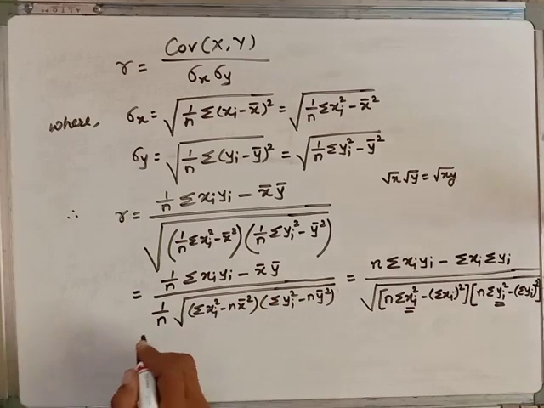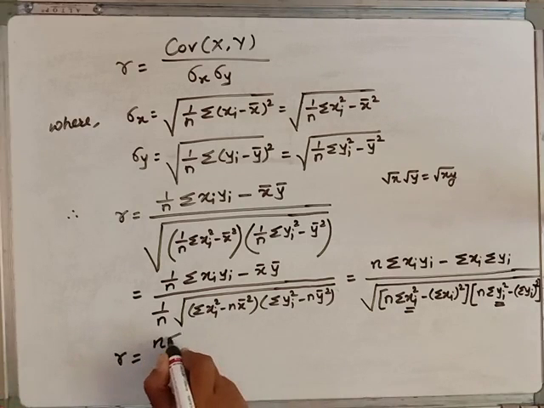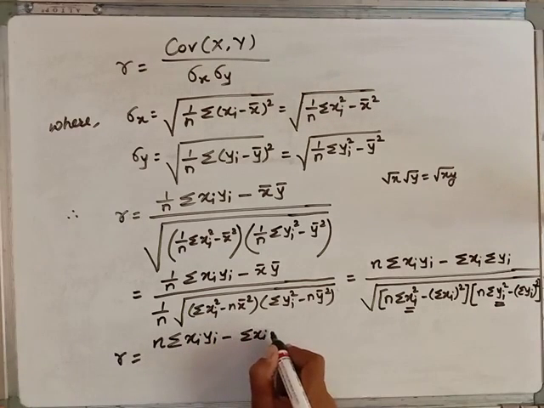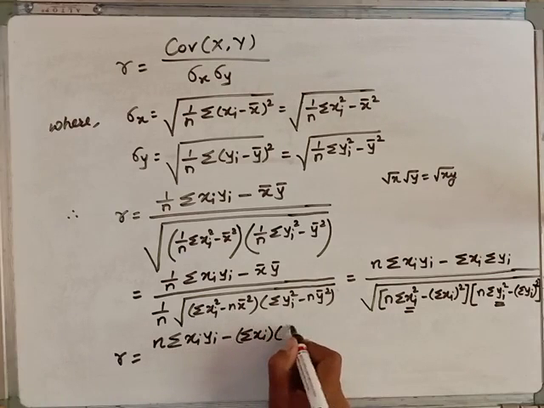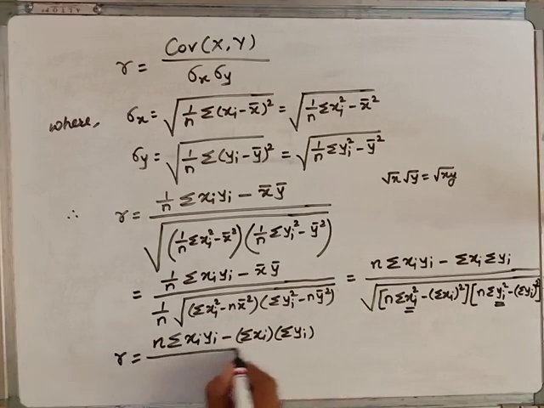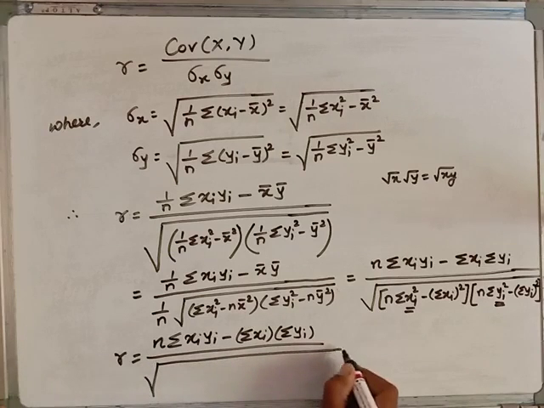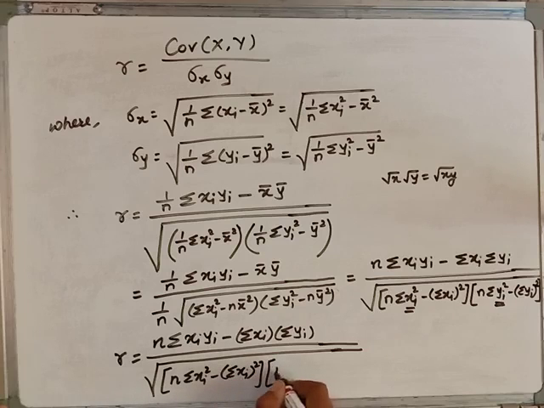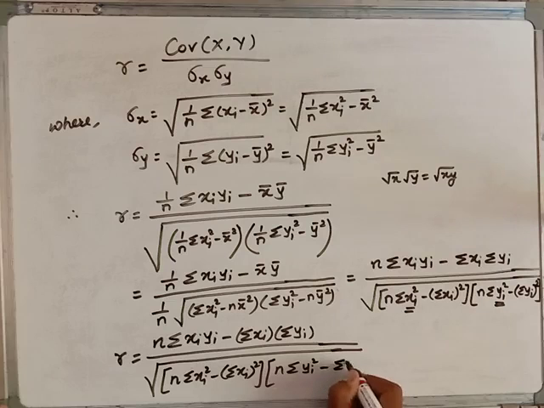So here this form I am using: r is equal to n into summation xi yi minus summation xi into summation yi, upon square root of n into summation xi square minus summation xi whole square, into n into summation yi square minus summation yi whole square.